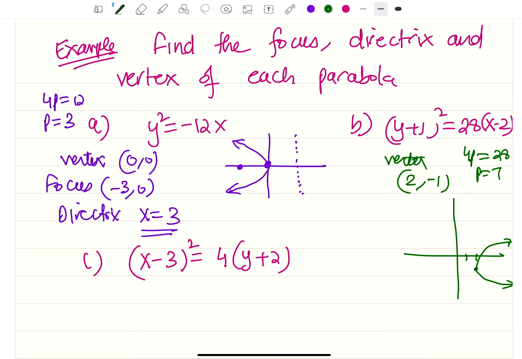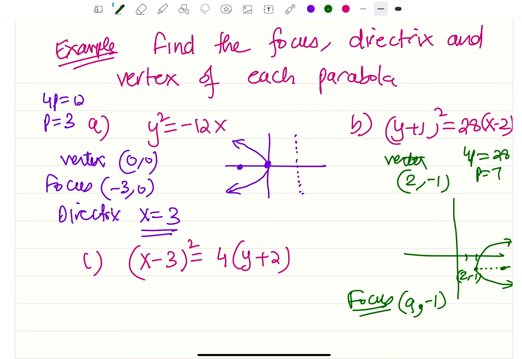From (2, -1), 7 units inside my parabola, I will have my focus. The y coordinate is not going to change, and 2 plus 7 is 9.